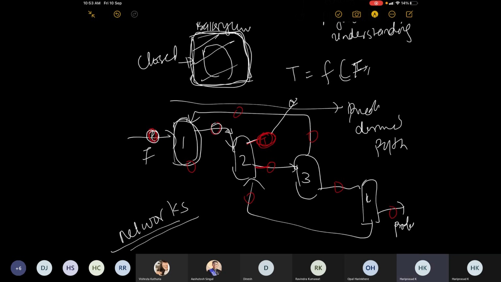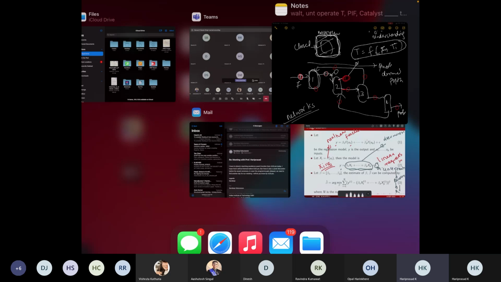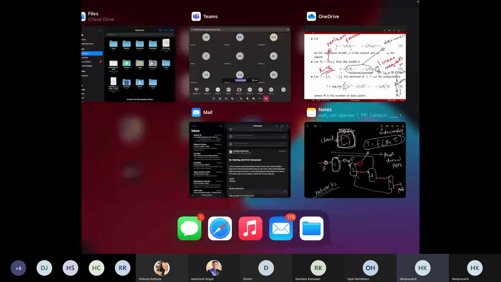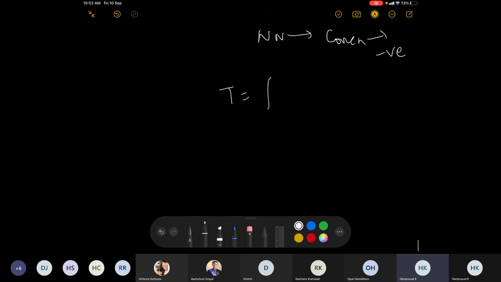And there may be an inlet temperature also, which is another sensor. So it could be inlet temperature, whatever be the responsible predictors. Let me write this model down again: T as a function of maybe flow rate and T in.